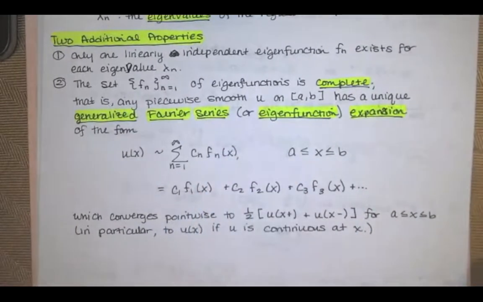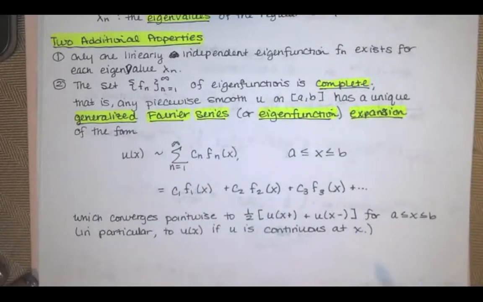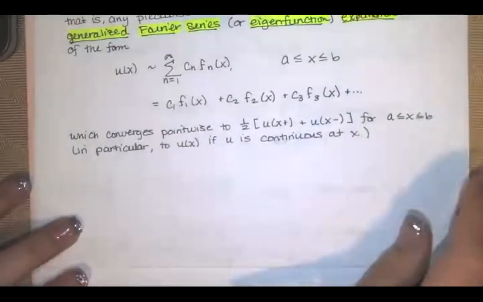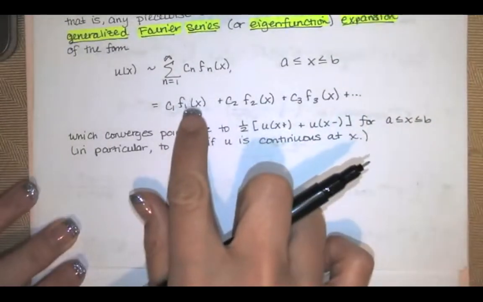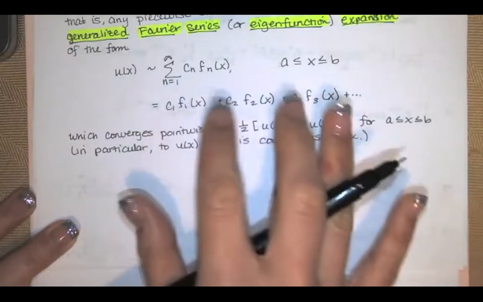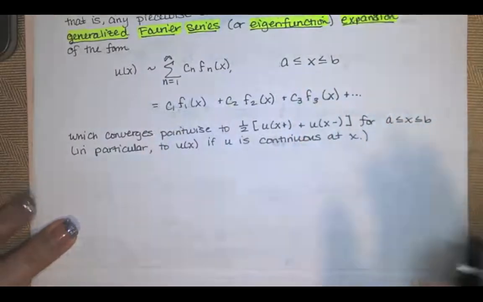Okay, if you're saying to yourself, how do I find that? You find it in pretty much the same way that you found the coefficients for a Fourier series. So you're going to know the eigenfunctions f sub 1, f sub 2, f sub 3. You already have that set. You're just trying to find the constants c sub 1, c sub 2, and c sub 3.